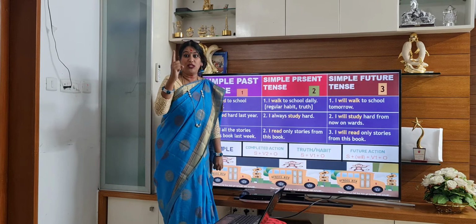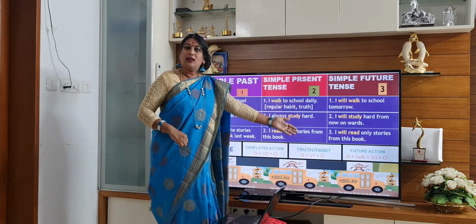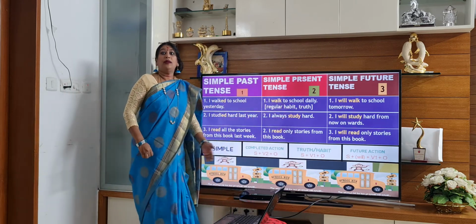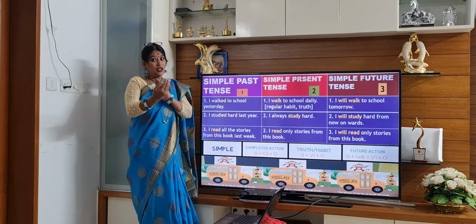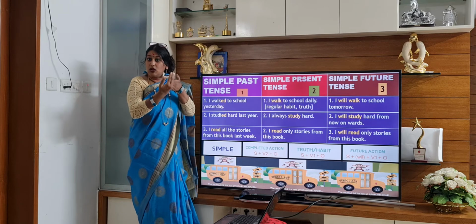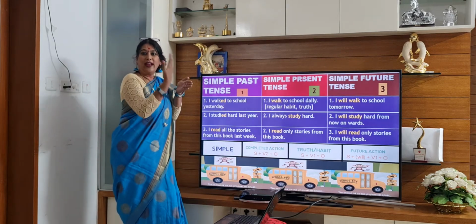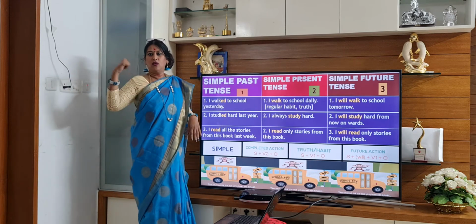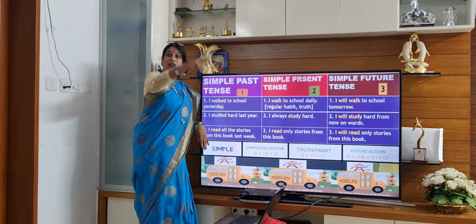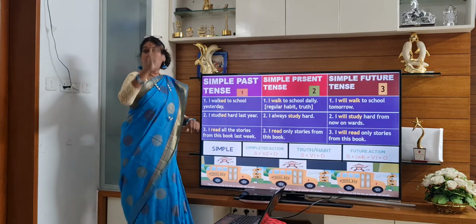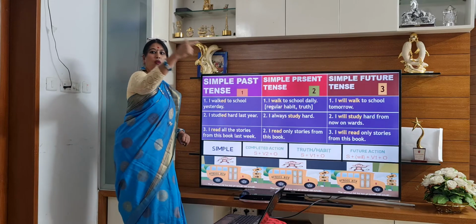It will be verb first form. Okay? And vice versa, when you talk about the future, it will be verb first form, but along with will. It will be attached to the will. Will and first form. Got it? V2 in the past, present V1 and future will and V1.